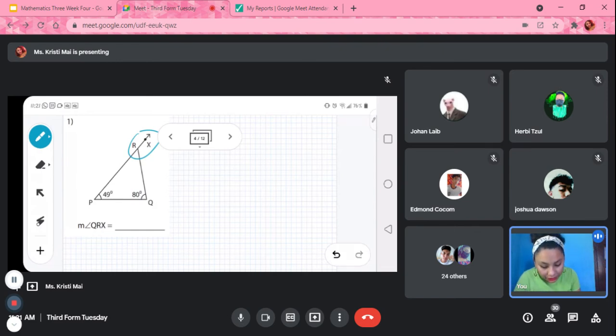And what are the opposite interior angles? These ones, because they're directly opposite to it. Right? So the theorem says it is equal to the sum of the opposite interior angles.